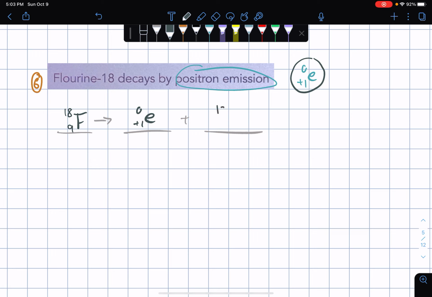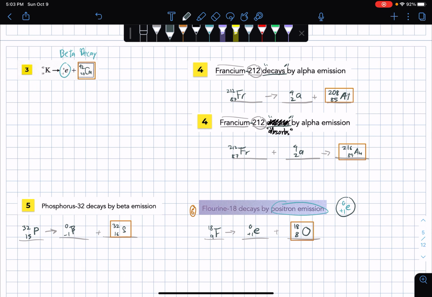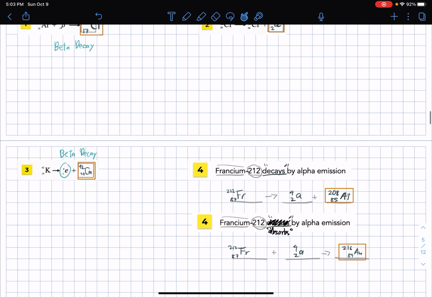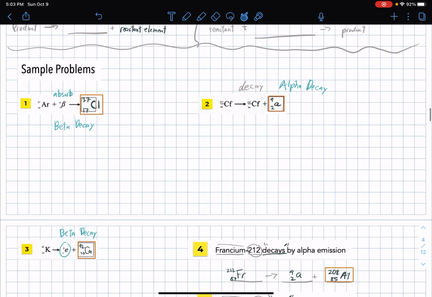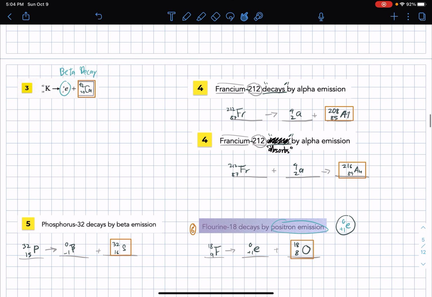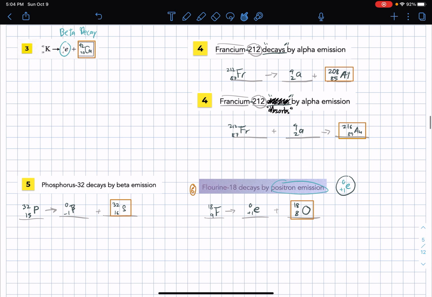And what do we get? 18 plus 0 is still 18. 9 minus 1 is 8. 8 plus 1 is 9. That's how we check. So an element of atomic number 8 is oxygen. This is the final answer. Actually, the elements that I box are not the final answers, but what matters is that you've completed the nuclear reaction or equation.